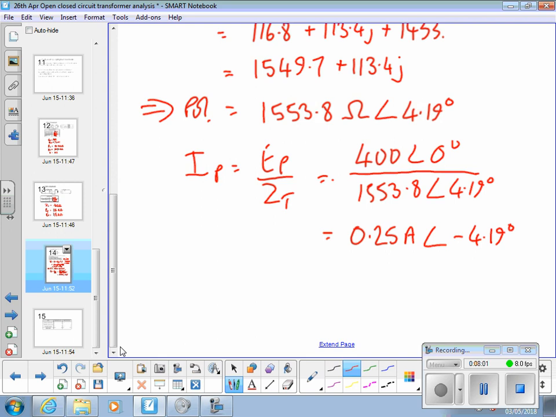By the time you get to the end and you round it to a sensible value, it's not making a great deal of difference.